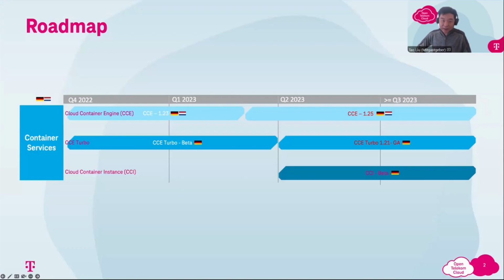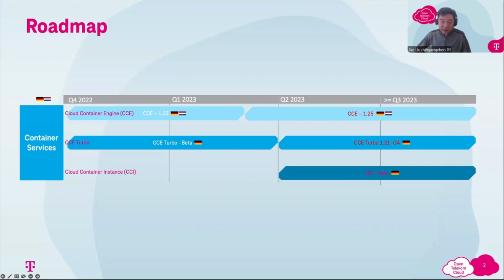Let me first explain our roadmap in this year. Our standard Cloud Container Engine, CCE, will be continually updated in this year. Version 1.25 will be released soon. The next generation of our Cloud Container Engine, CCE Turbo, is now in beta phase and will be in GA release in Q2.